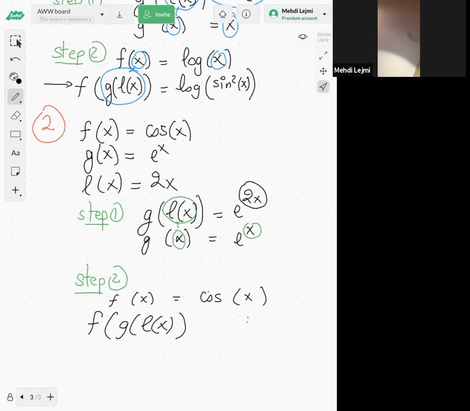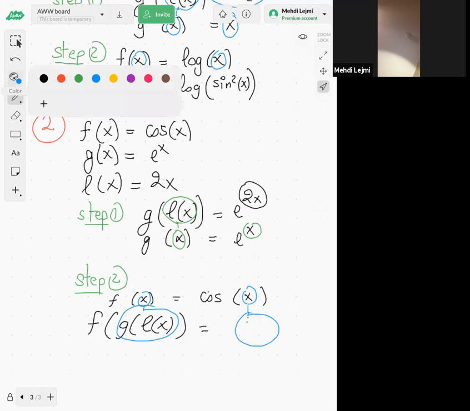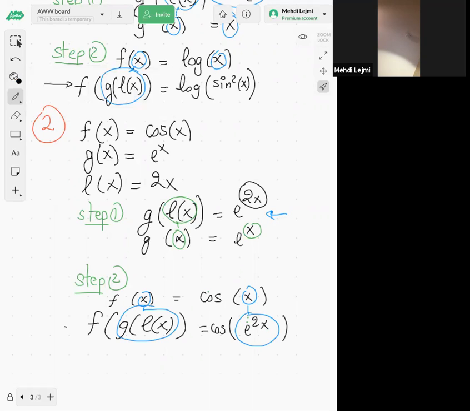Now I need to substitute x, this x here, by g of L of x. And g of L of x is the exponential of 2x, right? So here's cosine, and here is going to be e to the 2x. That's my g of L of x. And that's exactly my h of x.